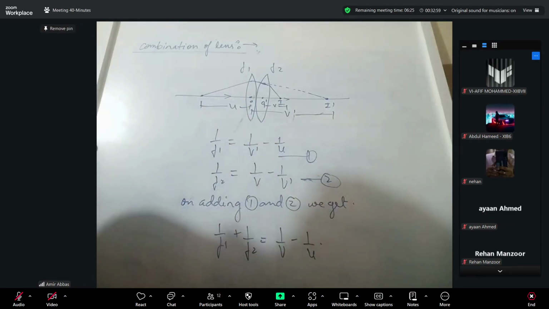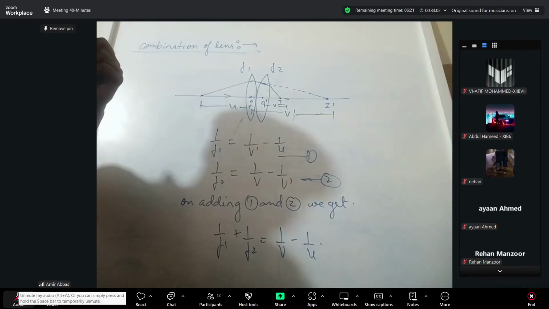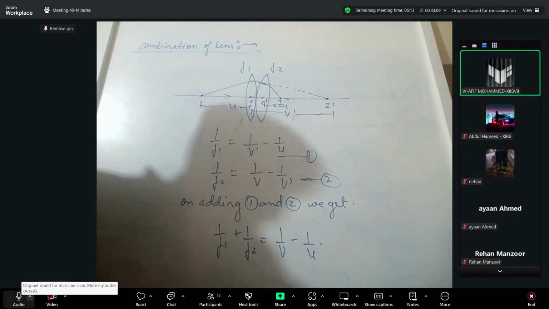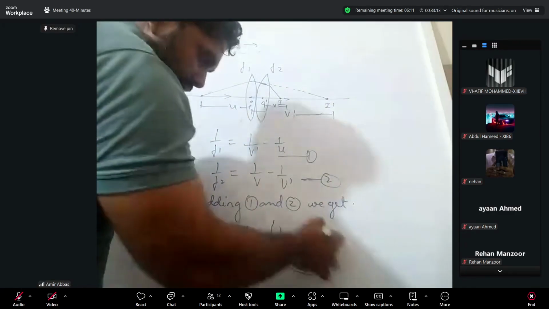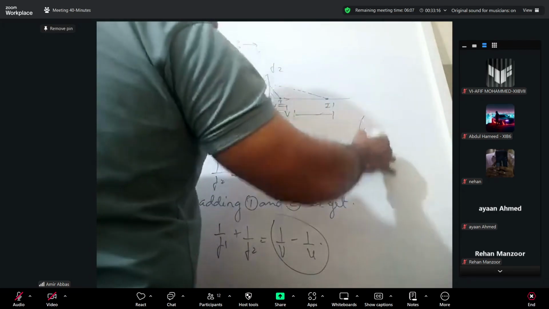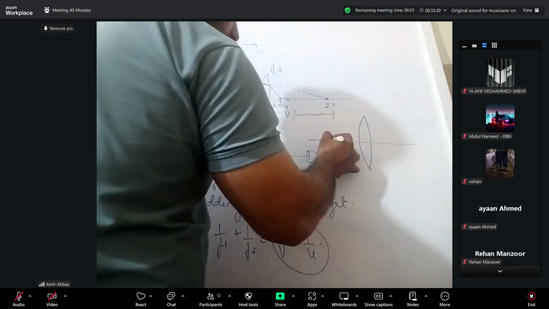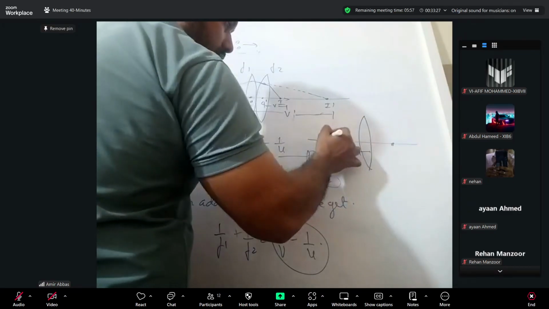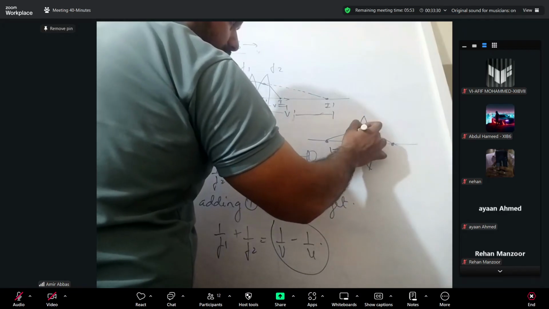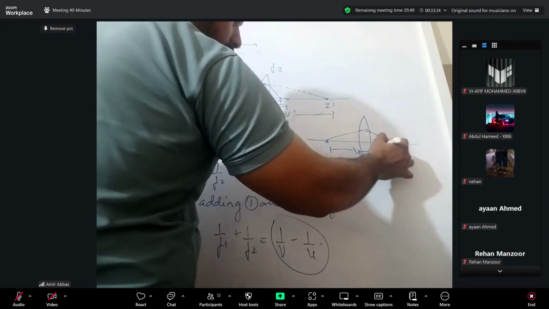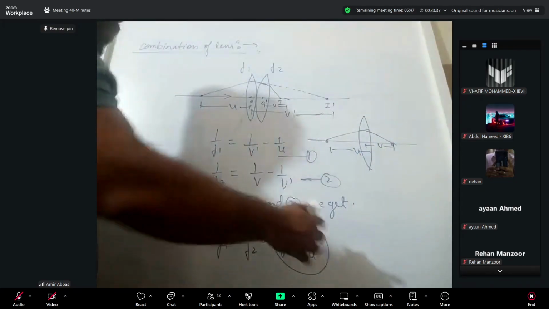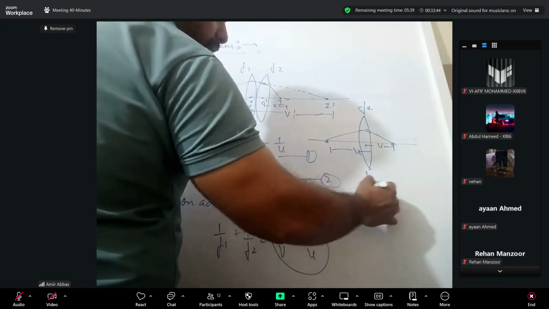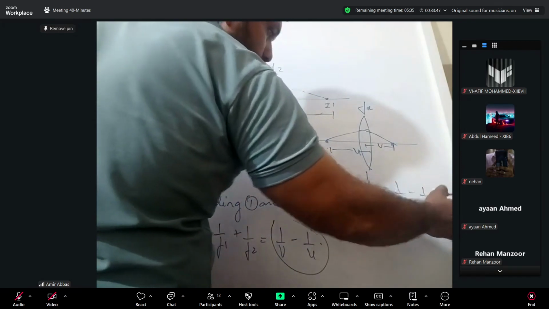Now, if there is a single lens forming the image of an object kept at distance U from it, at an image distance V, then its combined focal length Fc is given by 1 by Fc equals 1 by V minus 1 by U. Have you got this?